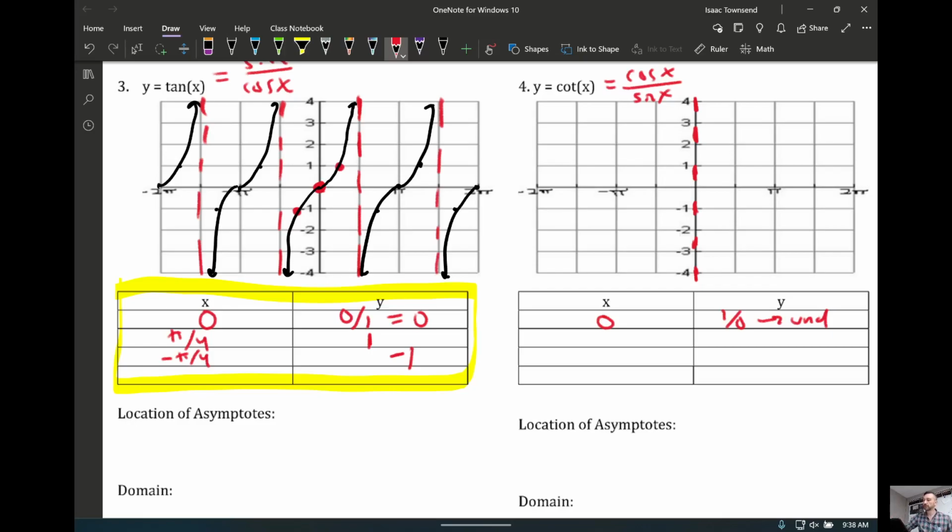Okay, I could try to plug in something different, like, I don't know, pi over 2. Cosine at pi over 2 is 0. The sine at pi over 2 is 1. 0 divided by 1 is 0. So at pi over 2, we get 0. Pi over 4 is a good one because sine and cosine are both square root of 2 over 2, and anything divided by itself becomes 1.